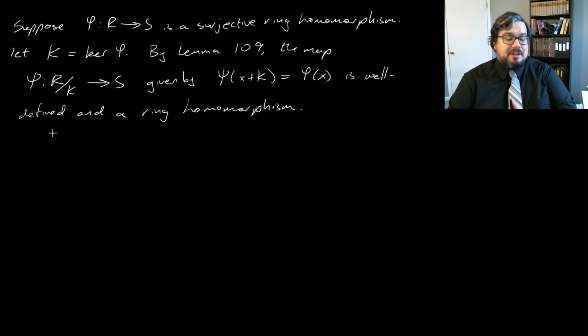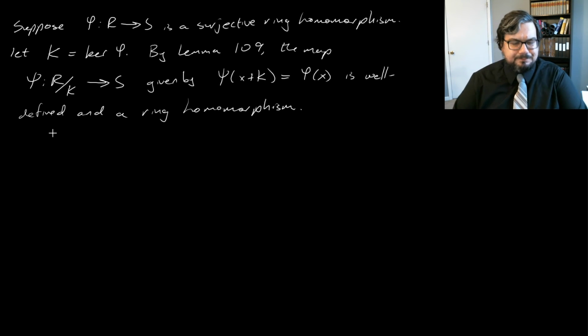Because k is itself, of course, a subset of the kernel, we can construct this map from R mod k to S. The thing that we're going to try to show now is that psi is bijective.